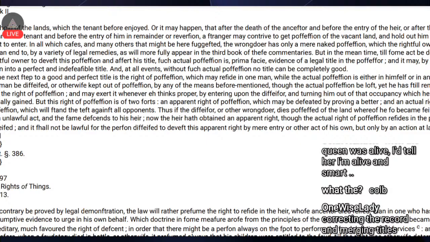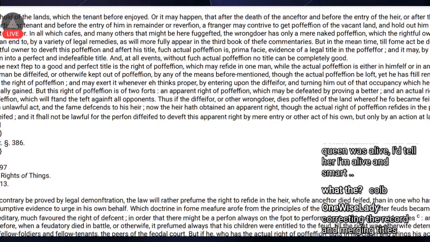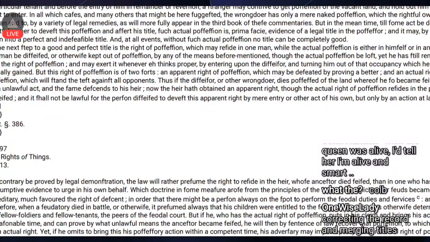But this right of possession is of two sorts: an apparent right of possession, which may be defeated by proving a better, and the actual right of possession, which will stand the test against all opponents. Thus, if the disseisor or another wrongdoer dies possessed of the land whereof he so became seised by his own unlawful act, and the same descends to his heir, now the heir hath obtained an apparent right, though the actual right of possession resides in the person disseised.